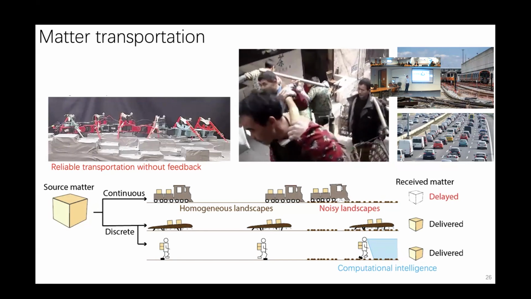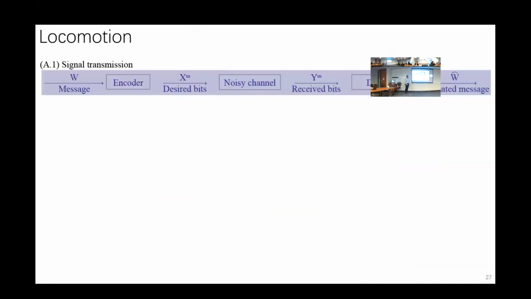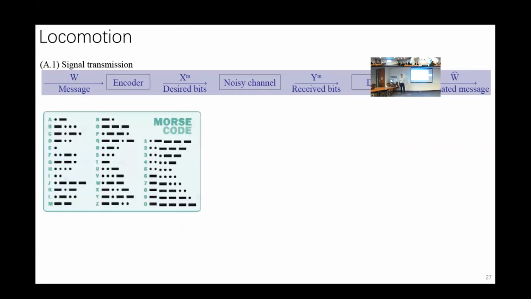And to make this argument, of course, we need to make a quantitative connection from locomotion theory to signal transmission. Let's first take a breakdown of signal transmission. To transmit a signal, we first need to encode the messages. How do we go from ABCD to the binary bits?